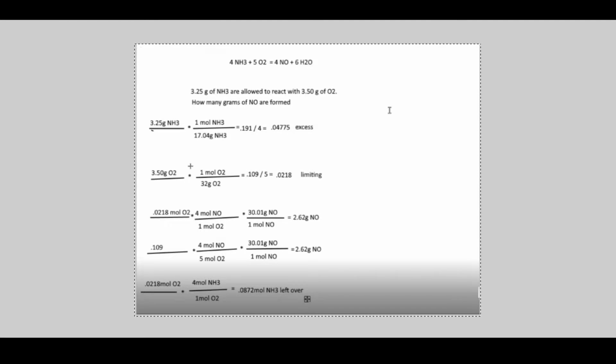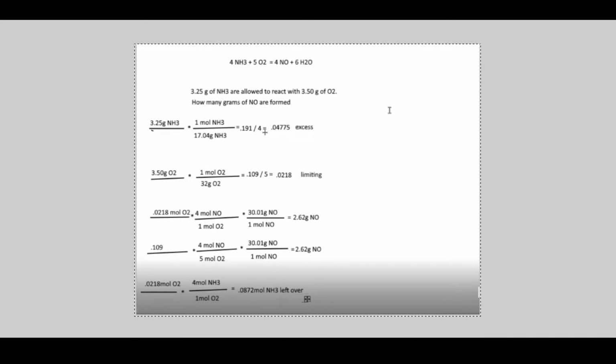You plug these in, and you find the molar mass, or well, you find the number of moles in that number. And so what you can do is, since you have the grams of 4 of these, if you divide the mole by 4, you will get the base number that you need. So this is 1 mole of NH3, and this is 1 mole of O2.